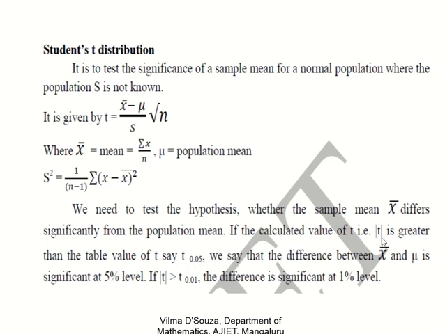If the calculated value of t or mod t is greater than the table value t of 0.05, then we reject the hypothesis. We say that the difference between x bar and mu is significant at 5% level. t of 0.05 stands for 5% level. If it is greater than t of 0.01, the difference is significant at 1% level, and you reject the hypothesis.